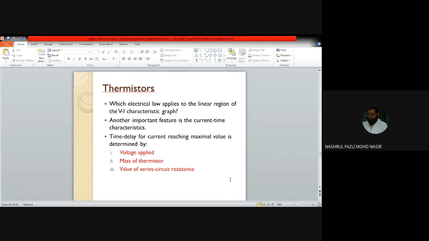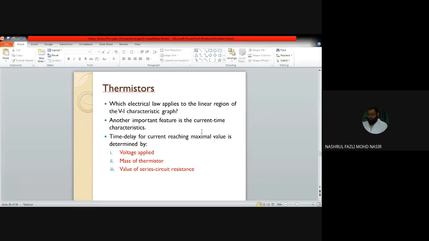It goes to what I asked you previously, the VI characteristic. It's a resistance. V equals IR, so R equals V divided by I, the voltage divided by current.